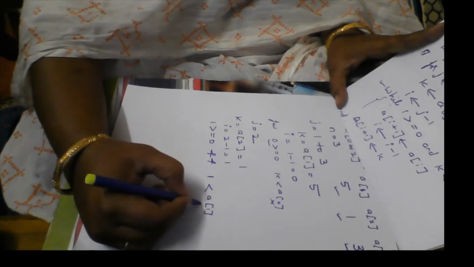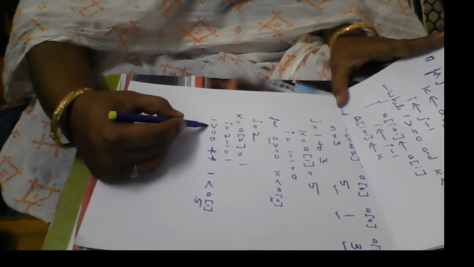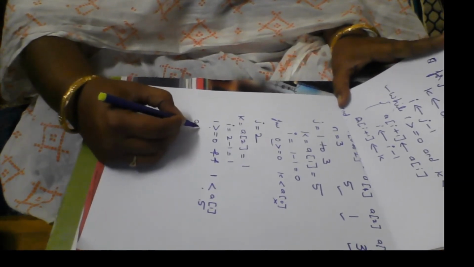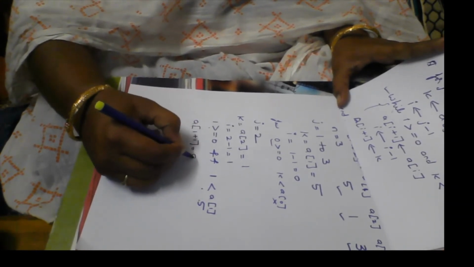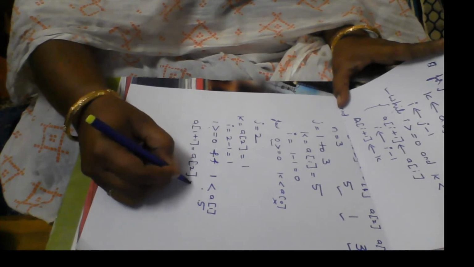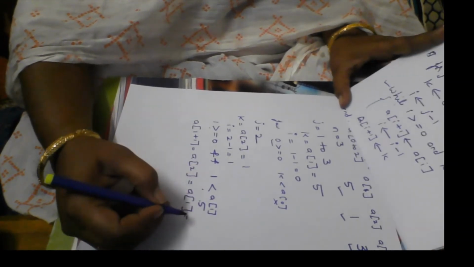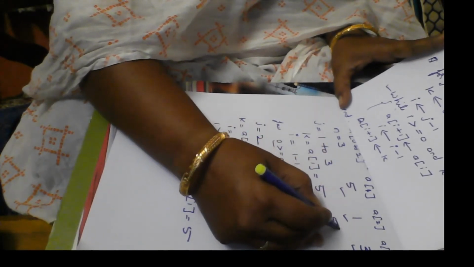A of 1 is 5. Is 1 less than 5? Yes, this condition is also true. That's why it is going to consider 1 plus 1, which is A of 2. At the second position, I place the value of A of 1, which is 5. So in this array, at the second position, I have placed the value 5.